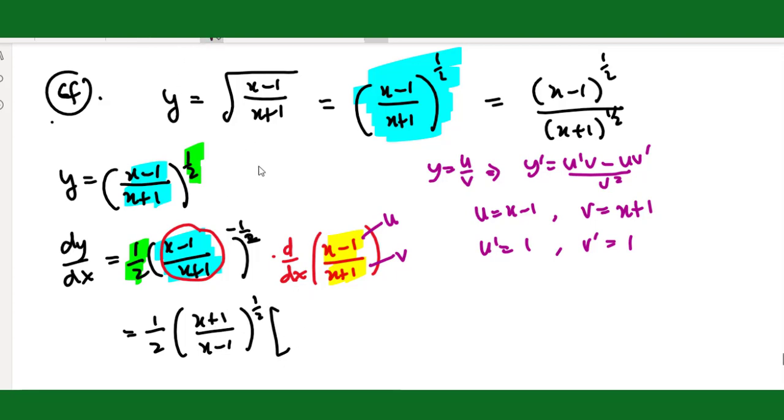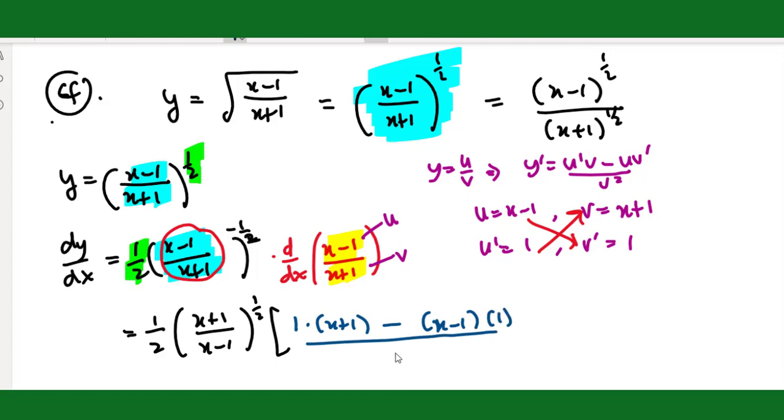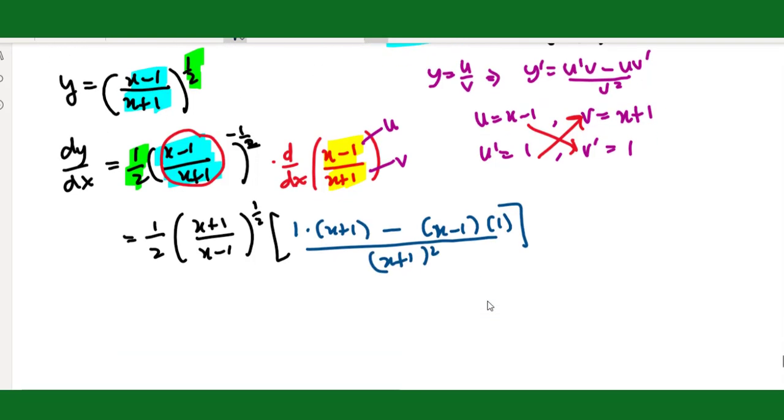And this one we need to use the quotient rule, cross multiply, and then right here u prime times v minus u times v prime over v squared is x plus 1 squared.